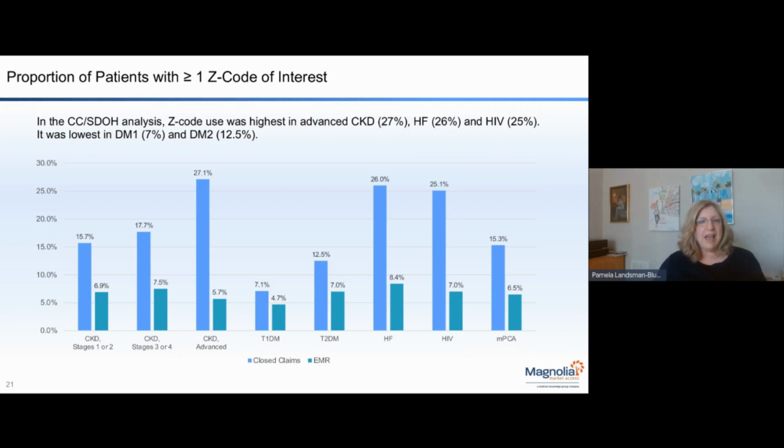So when we look at the Z codes I just presented, what proportion of patients actually have these recorded in the claims or the EMR? And you can see they are much more prevalent in the claims than in the EMR.